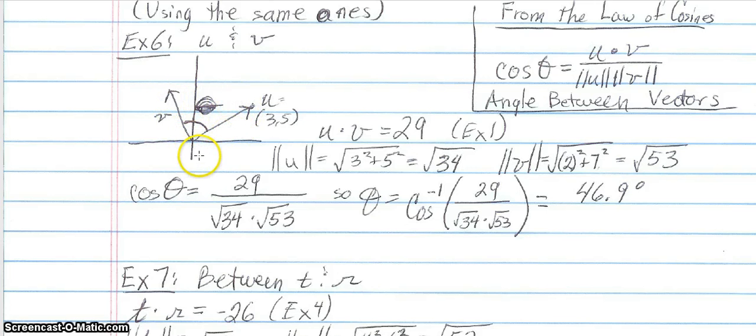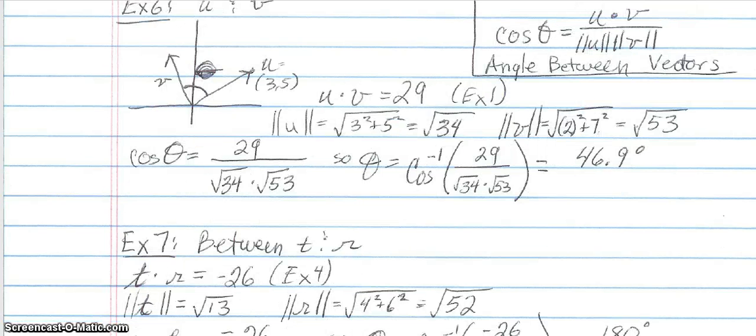Now, are there other options? Yeah, right triangle options. Use them if you want. But here's a quick formula for that. The cosine of the angle theta between them is the dot product of the two vectors divided by the product of the magnitudes. So here we go.